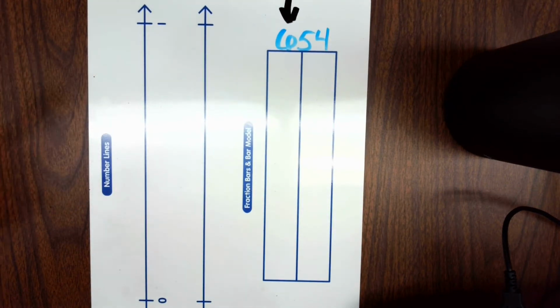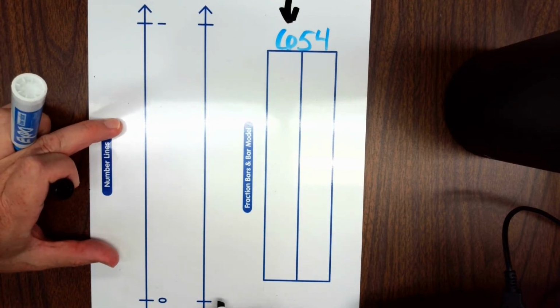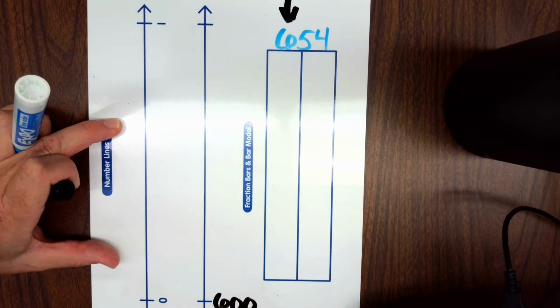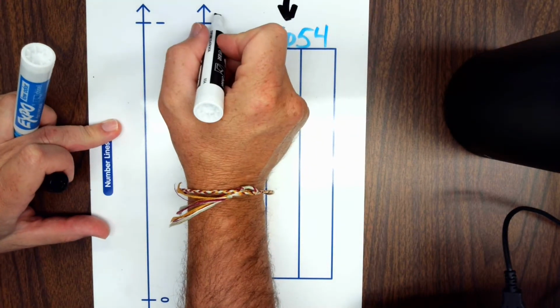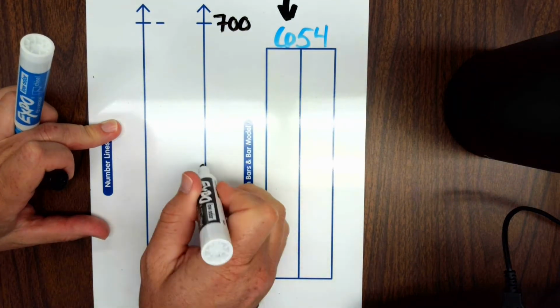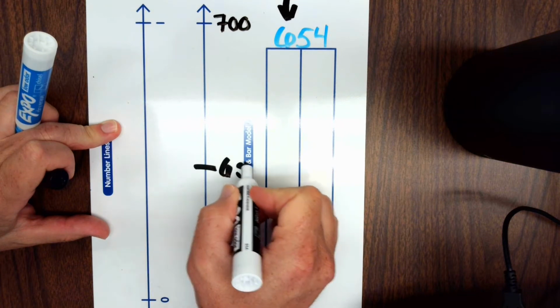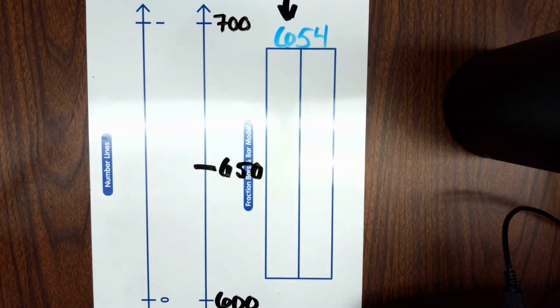And so in order to describe this on my number line, I'm going to write 600 on the lower end, 700 on the upper end, and in the middle, 650.